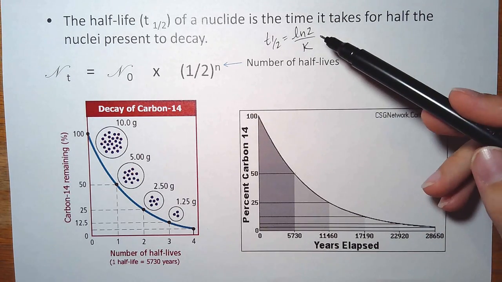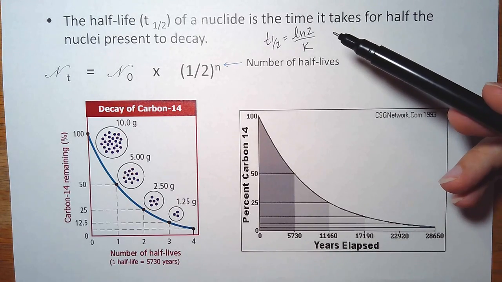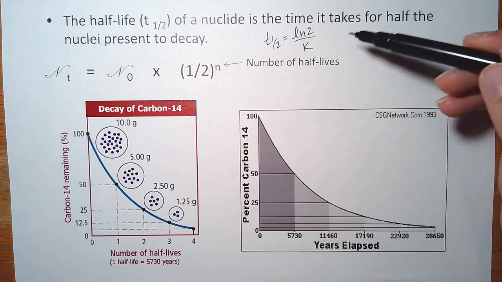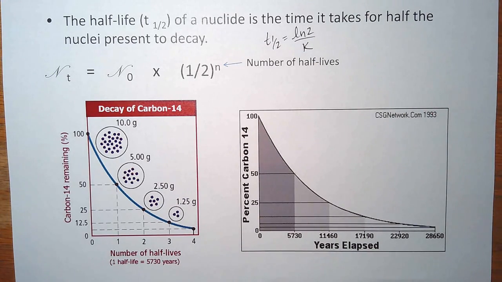But this means our half-life is constant. If you remember from our half-life equations, the half-life for first-order reactions is the only one where the half-life remains constant no matter the concentration. It's not dependent upon concentration. So we have constant half-life for different isotopes.